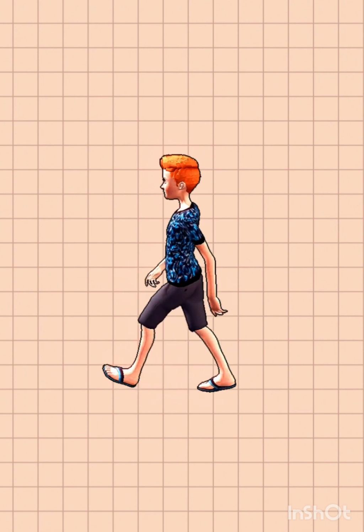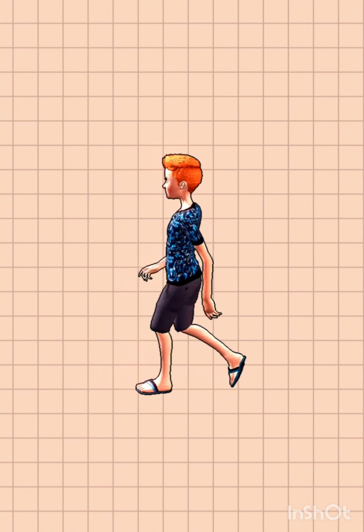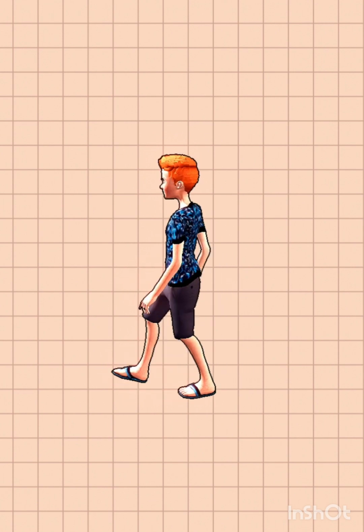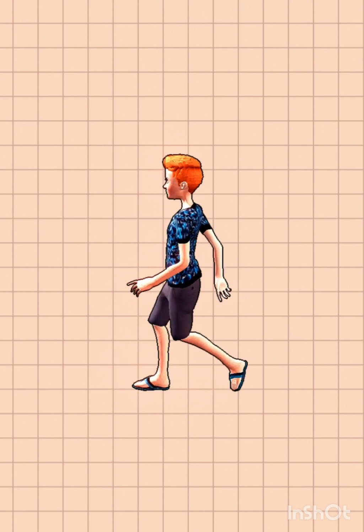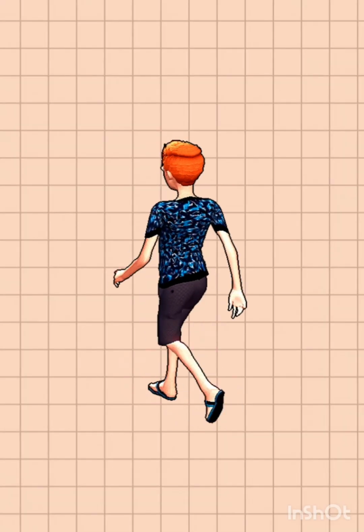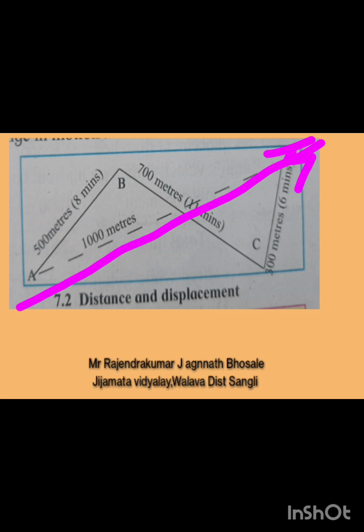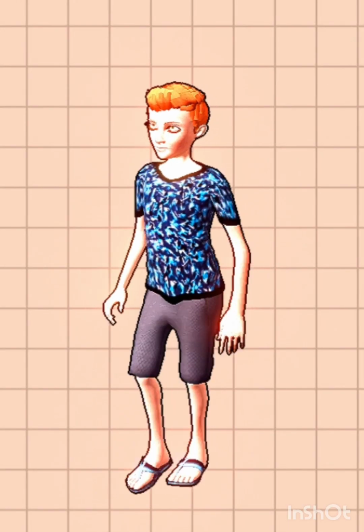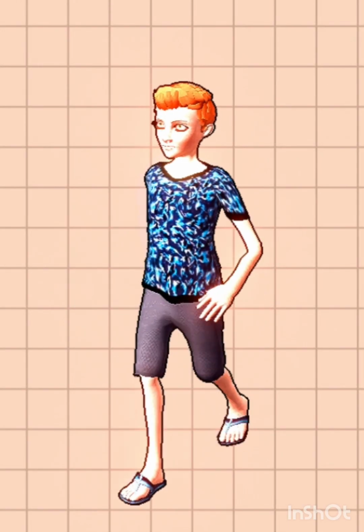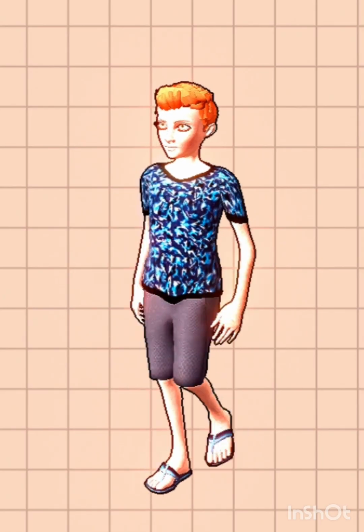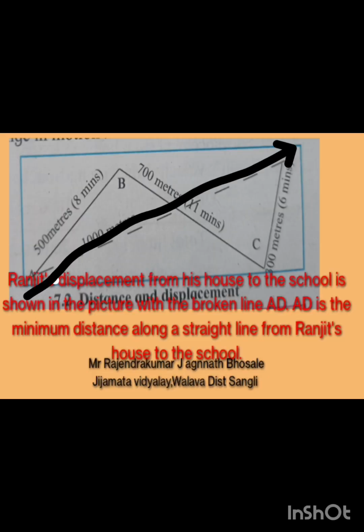However, his displacement was equal to AD. Ranjit's displacement from his house to the school is shown in the picture with the brown line AD.